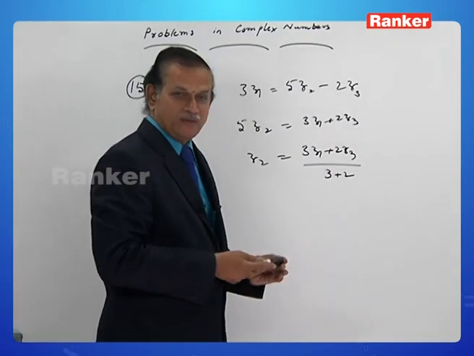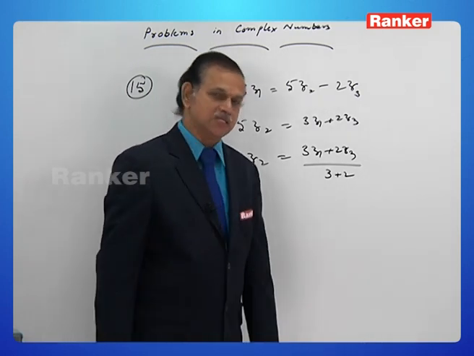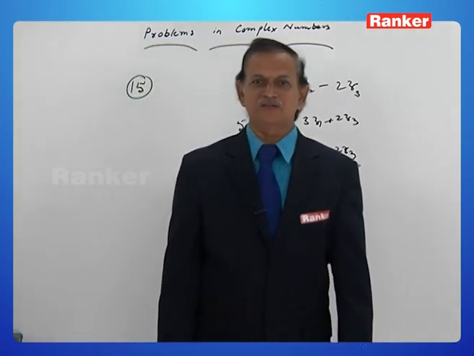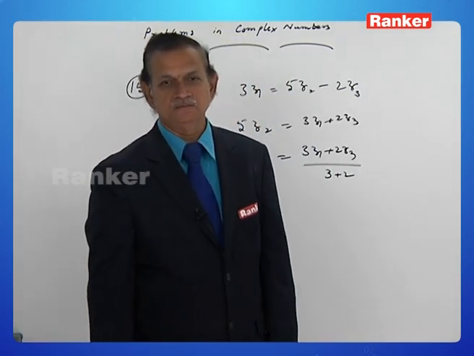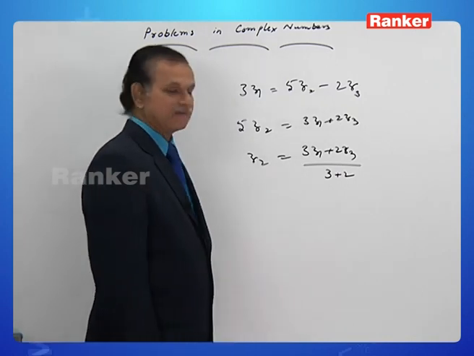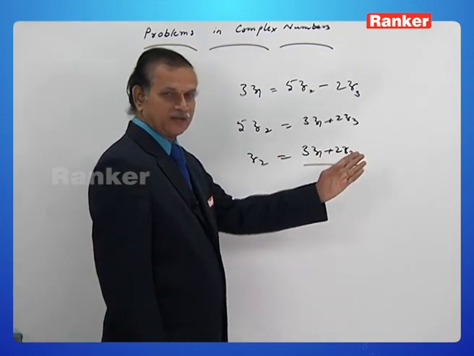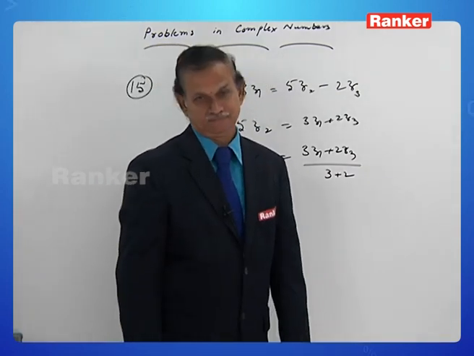What do you understand by looking at this? If you represent these three complex numbers Z1, Z2 and Z3 on the Argand plane, 3 points will definitely come. The point corresponding to Z2 divides the segment joining Z1 and Z3 in the ratio 2:3 internally.